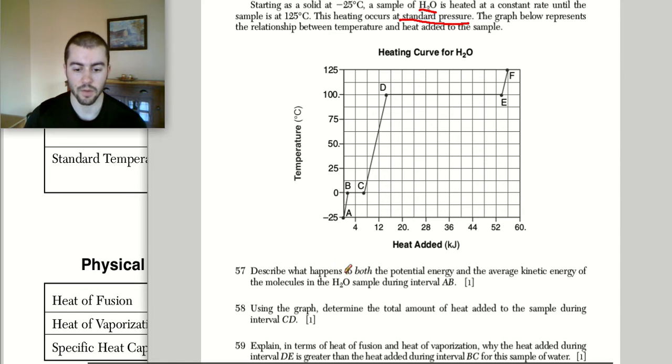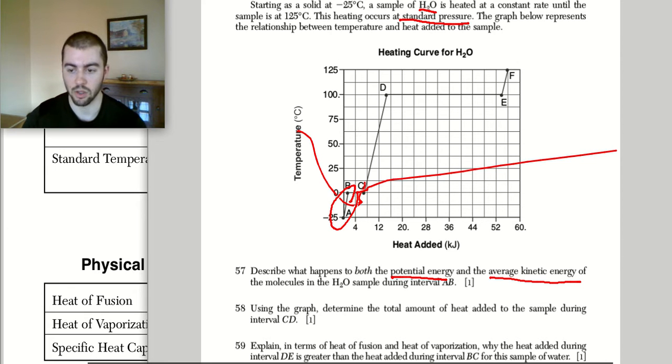Okay, so 57 asks us what happens to the potential energy and the kinetic energy of the molecules during the interval AB. So AB is this first interval at the beginning here. During this interval, we are increasing our temperature. We started at negative 25 degrees Celsius and ended up at 0 degrees Celsius.